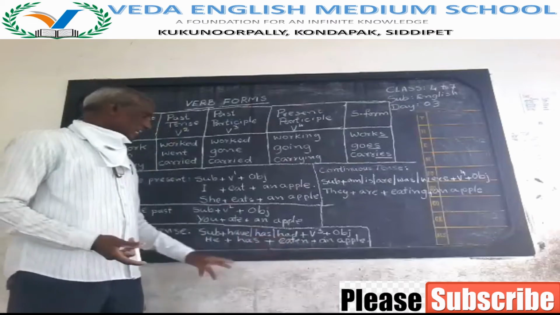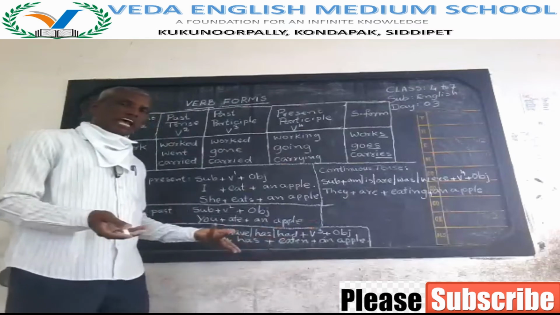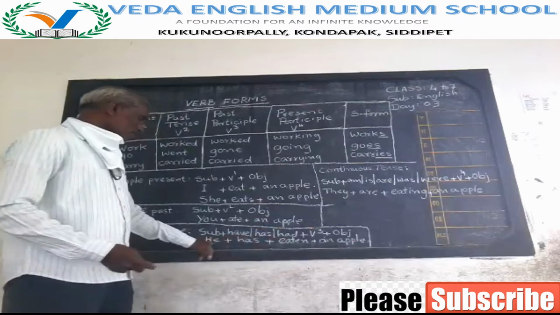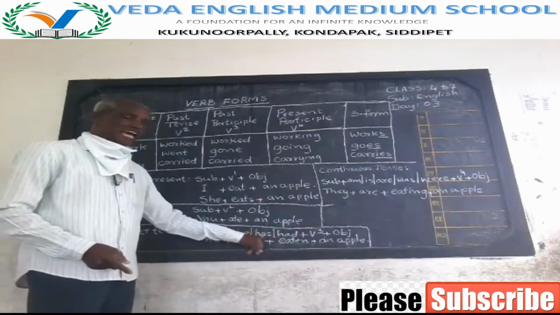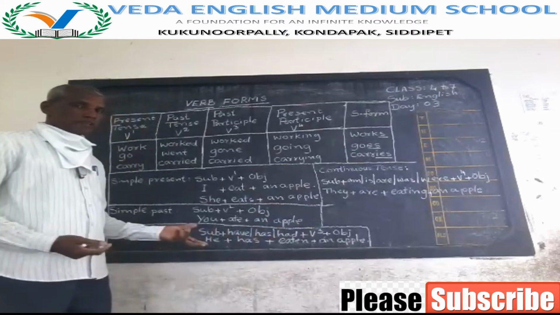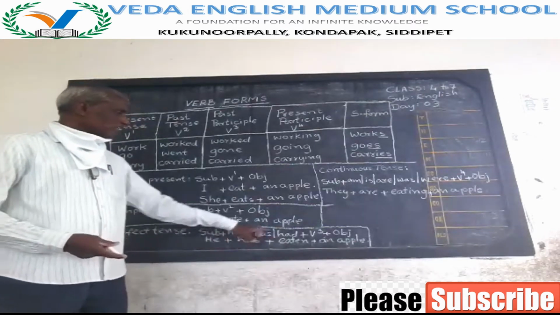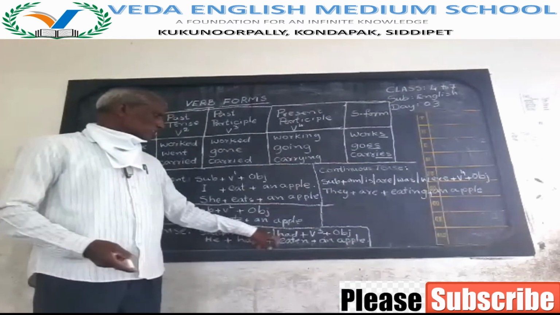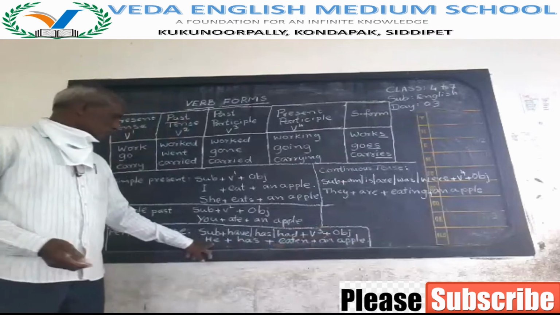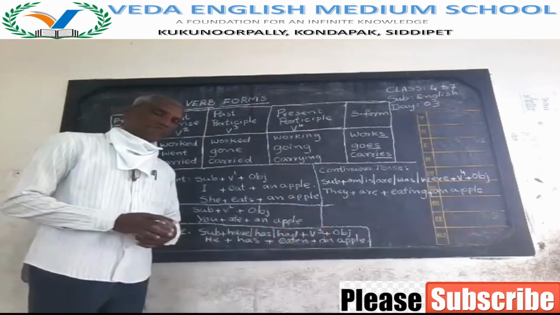She had eaten. He had eaten. You had eaten. But in the present perfect tense for the third person singular, we use has, whereas for I, we, you, and they, we use have. So here is the example for the present perfect tense.